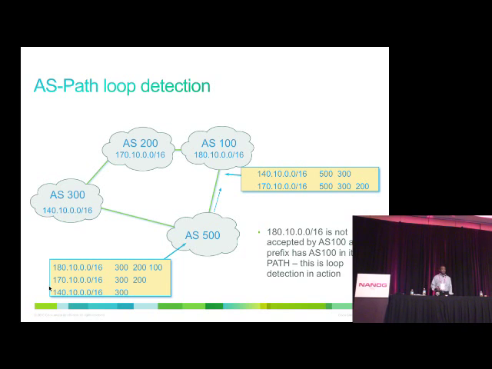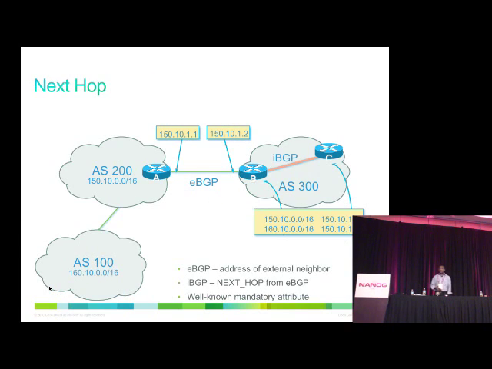If you look at this example, autonomous system 100 is receiving 180.10.0.0/16, which was originated from itself, and in the update it has its own AS number. As soon as it detects its own AS number, it drops it. So it will not take that update. That avoids route looping. So it's used for loop detection.